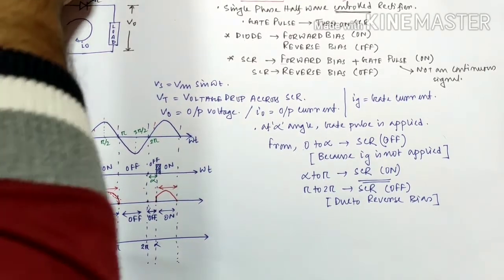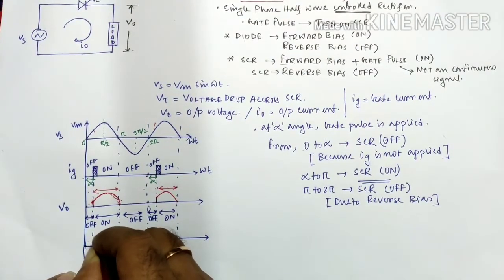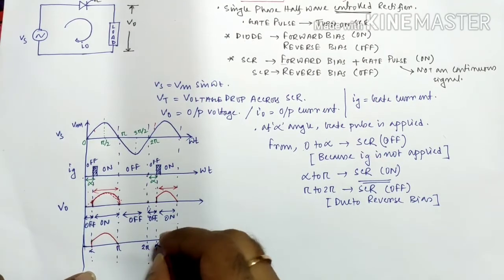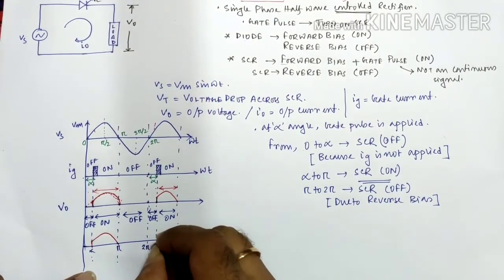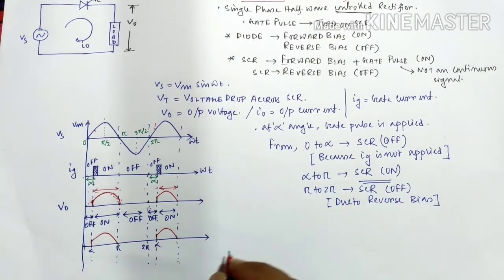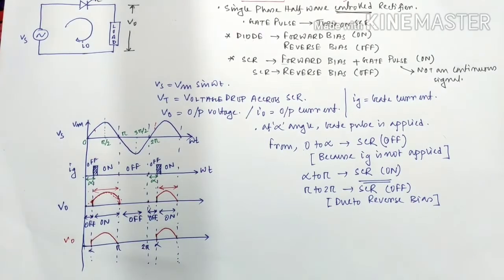So how the output will look? Output will look like this one. Here no output, abruptly output appears, and it directly follows the Vs. So that is the output of the V0.